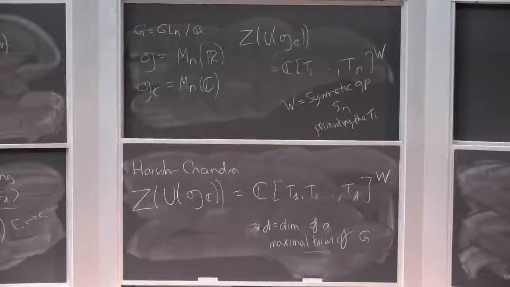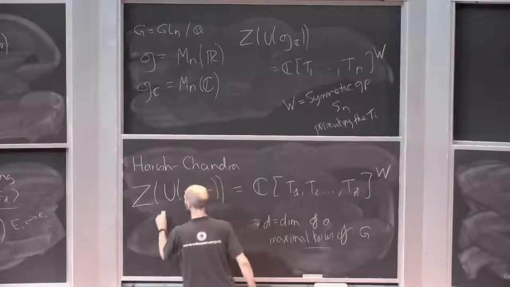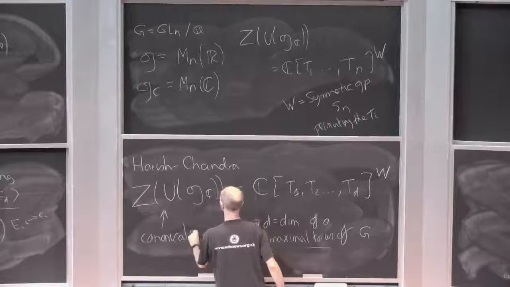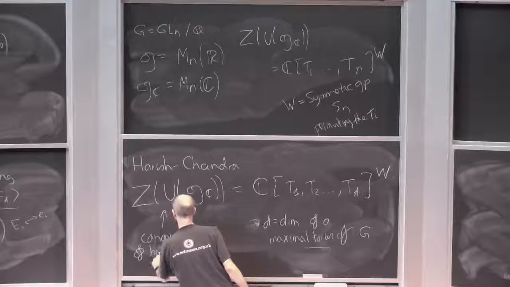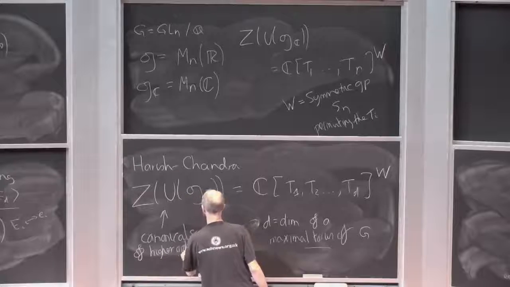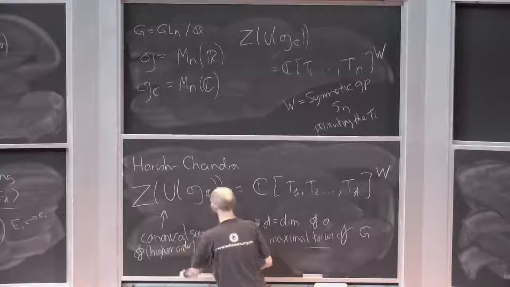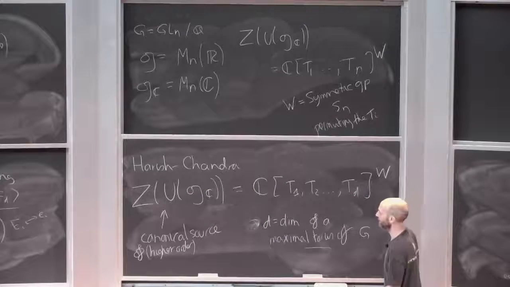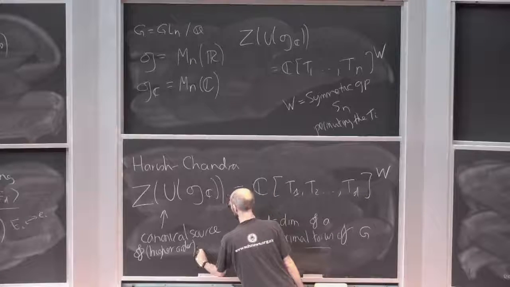And as an upshot, this is a canonical source of possibly higher order differential operators. See, everything in the Lie algebra is like d by dx or x d by dx. There's stuff in here, but just like d2 by dx squared plus d2 by dy squared, right? A canonical source of higher order differential operators.